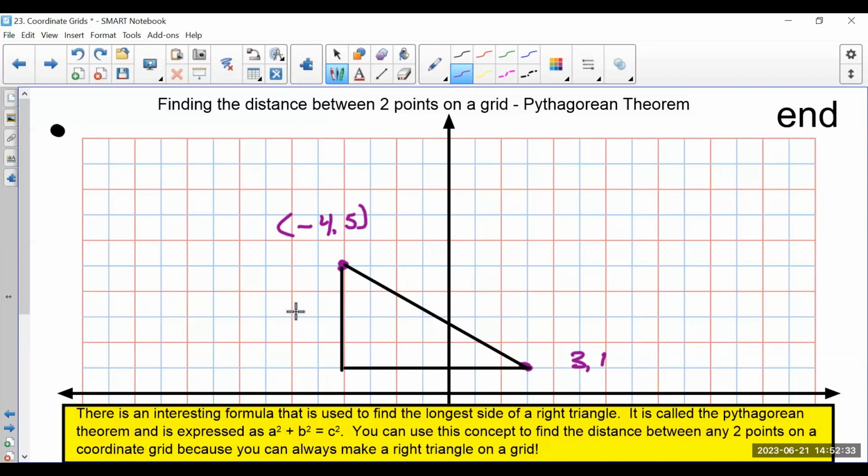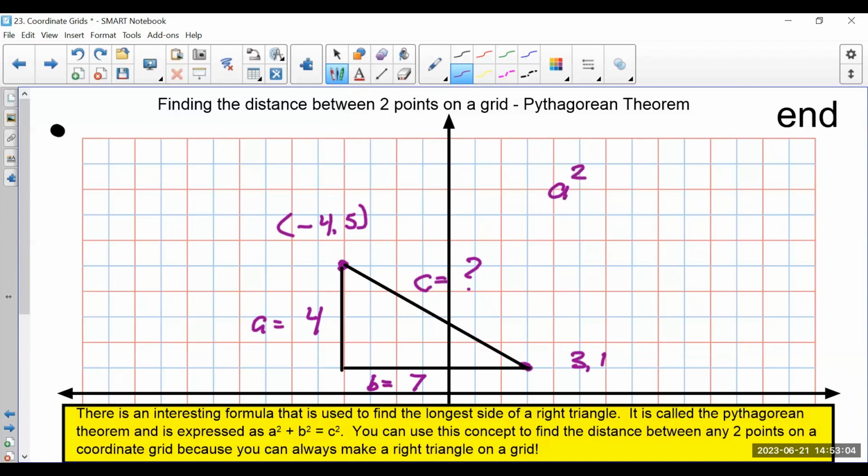I've got a calculator here just in case, because I didn't plan on making this perfect. So this is 7. And this is 4. Well, the Pythagorean theorem says, if you take the two shorter sides, square them and add them together, they will equal the third side squared.